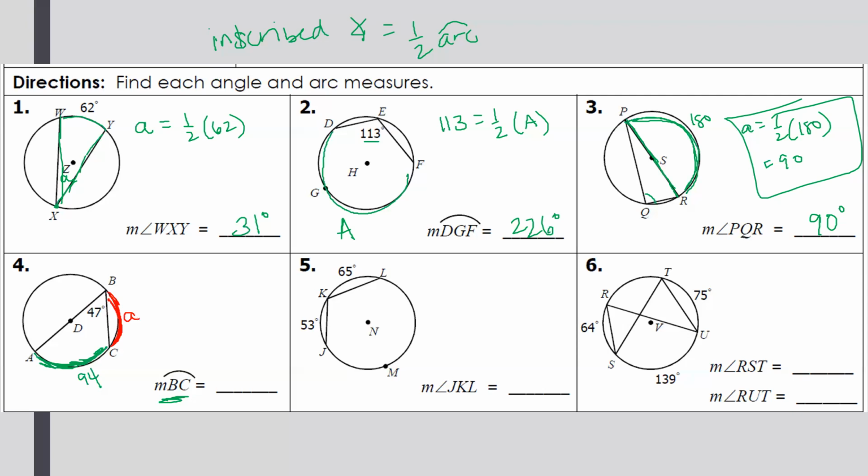You could call it X. But that red arc plus the green arc have to add up to 180 because they're making up half the circle. There's a diameter. So when you subtract 94 from both sides, we get the measure of arc BC to be equal to 86 degrees.